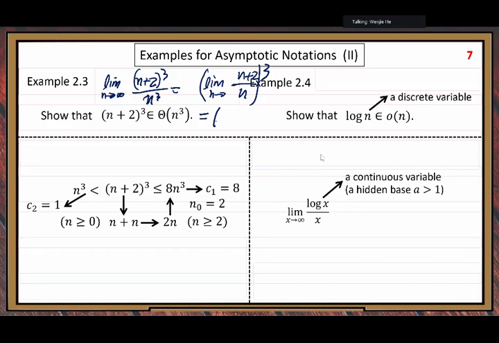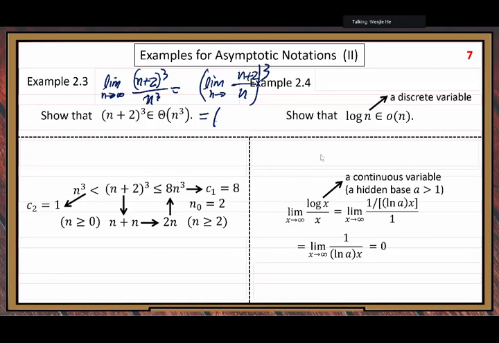So here the base a is greater than 1. All right. The derivative of x is 1. The derivative of log base a of x is 1 over natural log of a times x in the denominator. After simplification, x in the denominator goes to infinity, so the whole fraction goes to 0.